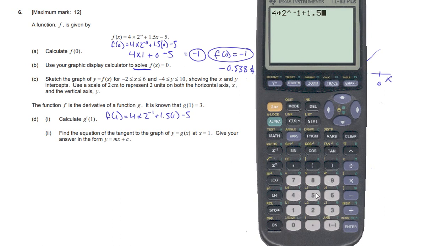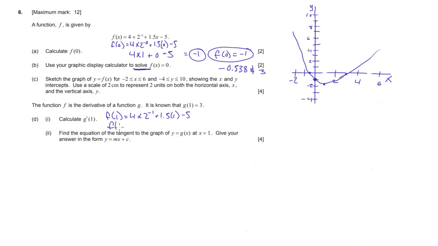I'm just going to do plus 1.5 and then minus 5. That gives us negative 1.5. So f of 1 equals negative 1.5. Okay, and then last one, find the equation of the tangent to the graph of y equals g of x at x equals 1.